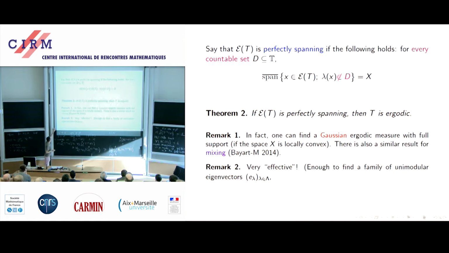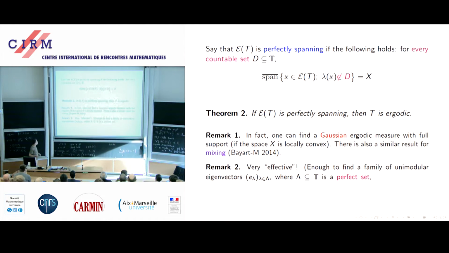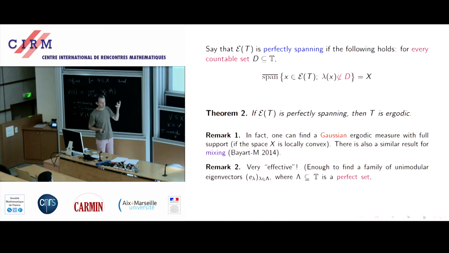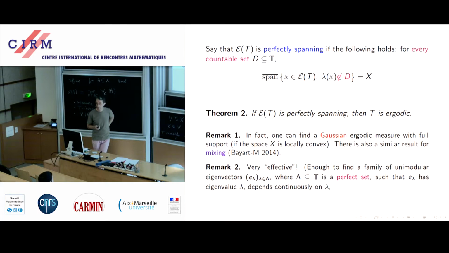The family is parametrized by a perfect subset of the circle, and you have to assume that the eigenvalue of E lambda is just lambda, that the E lambda depends continuously on lambda, which usually is more or less obvious, and that they span the whole space. And if you have this, it is more or less immediate that you have perfect spanning. And this is extremely easy to check.